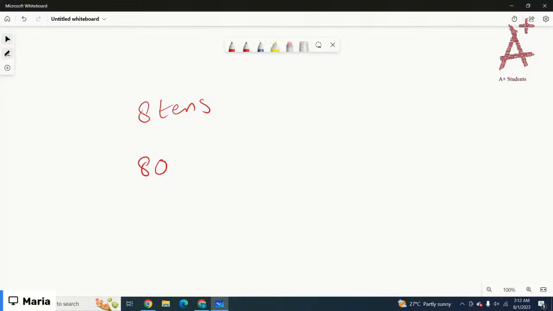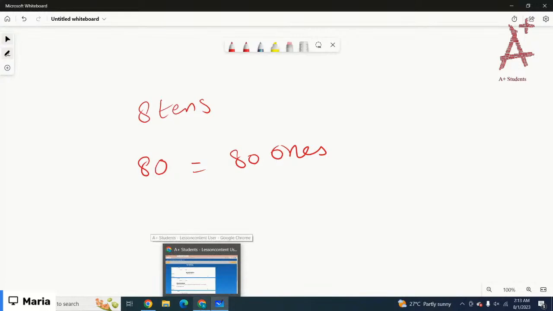That means 8 tens can be written as 80. So 80 equals 80 ones. When you count from 1 to 80, you write 80 numbers, and they are all at the ones position. So you have 80 ones.